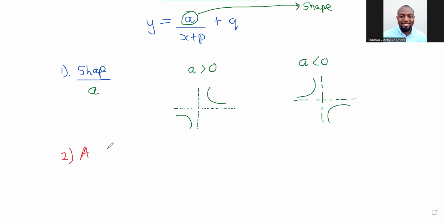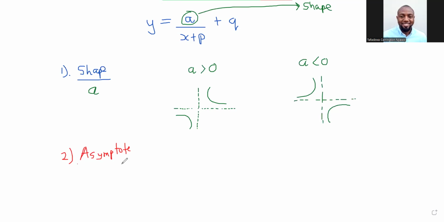The dotted lines represent the asymptotes. So step two will be for us to write down the asymptotes and then draw them on the set of axes.